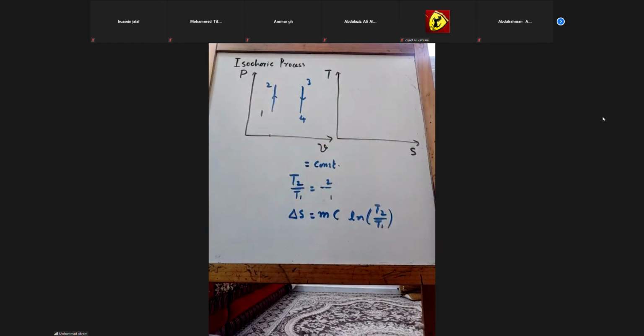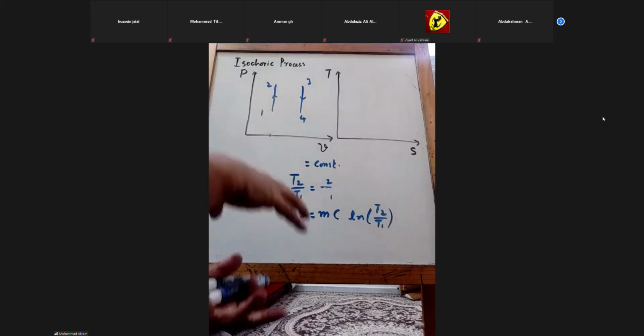Okay. Now what is 1 to 2? Increasing in pressure. If you have constant volume, when will the pressure increase? When you increase the temperature. Yes, when you heat it, the pressure will increase, like the pressure cooker example.